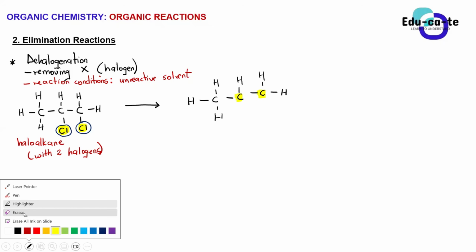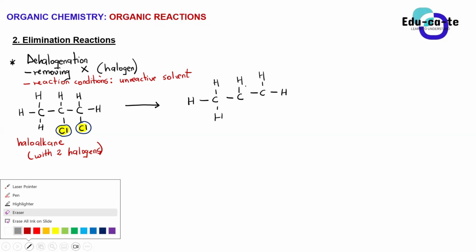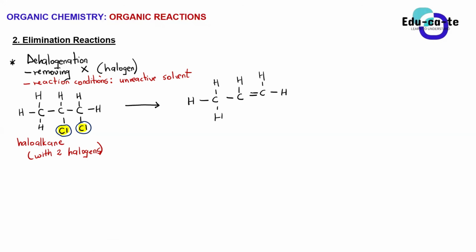They now have only 3 bonds surrounding them, and we need carbon to have 4 bonds, 4 lines around it. So here we will have to form a double bond between these two carbons, just as we were doing.